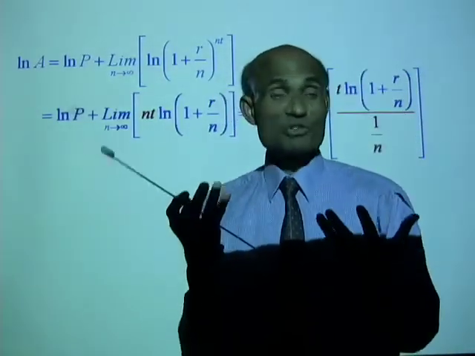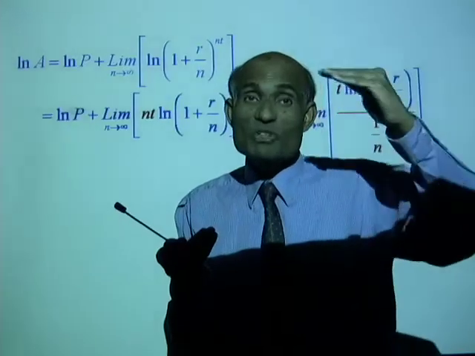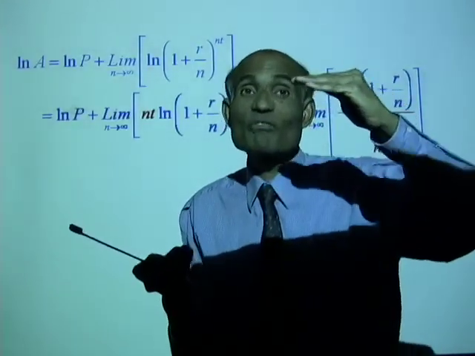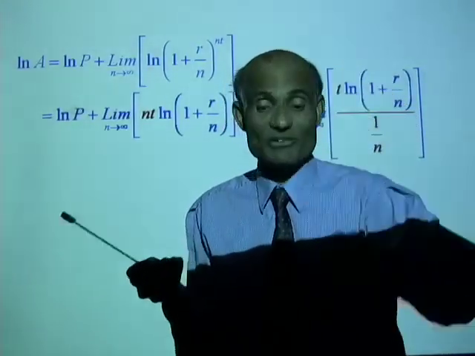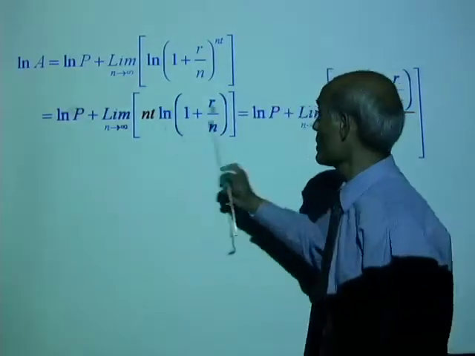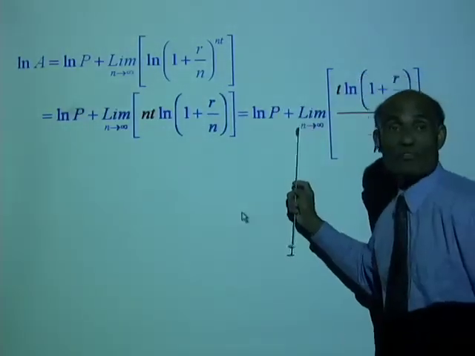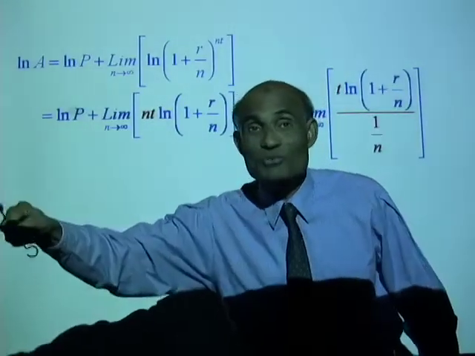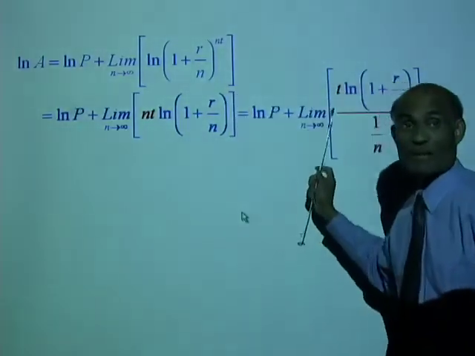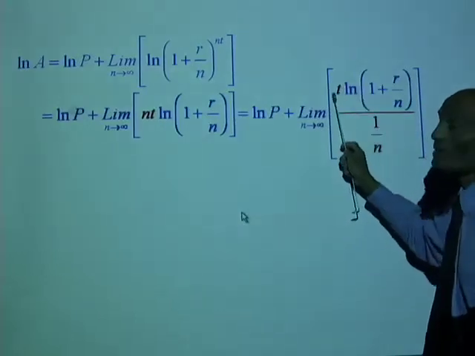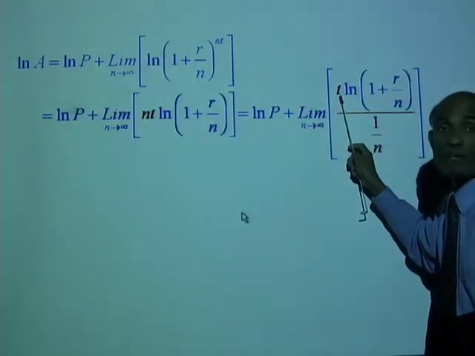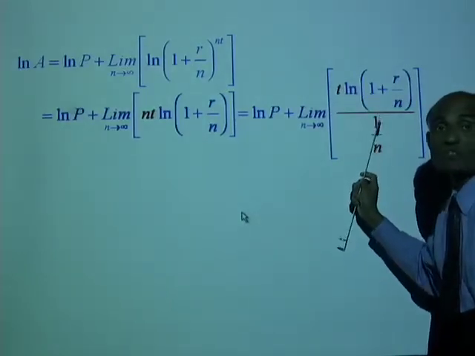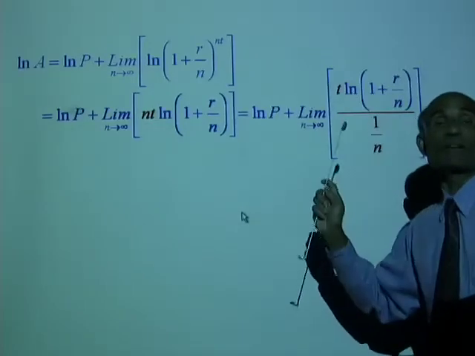Now, in order to use L'Hopital's rule, the expression has to be of the form f of x divided by g of x. And now, if you notice, our variable here is n. We want to find the limit when n goes to infinity. So that's the variable there. So instead of multiplying n on the denominator, I just divide it by 1 over n.